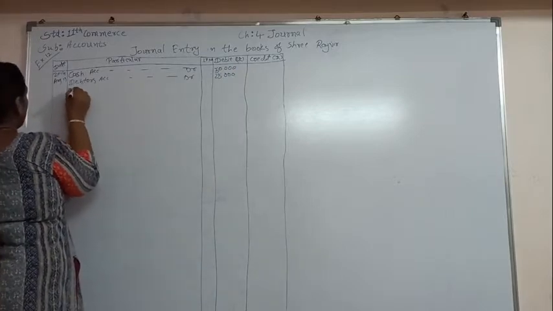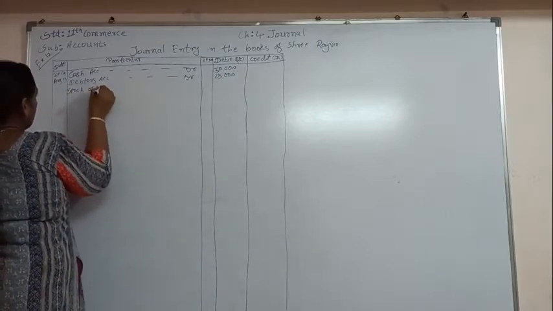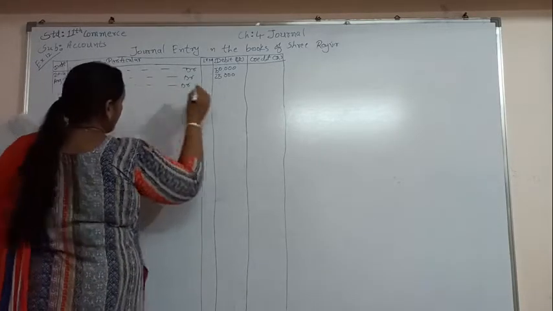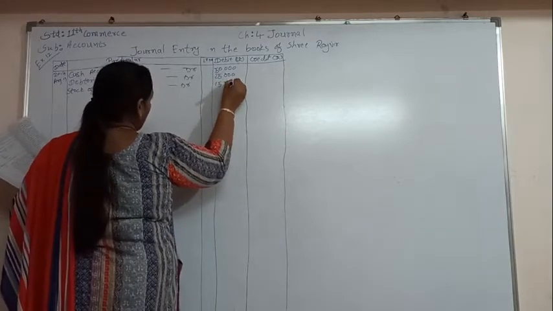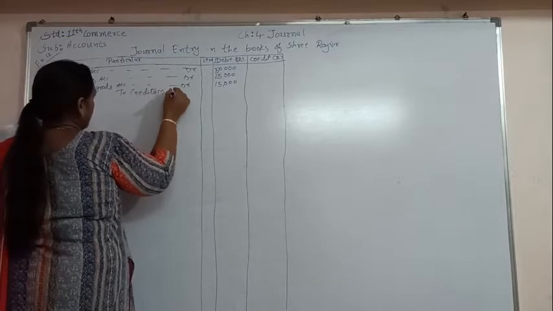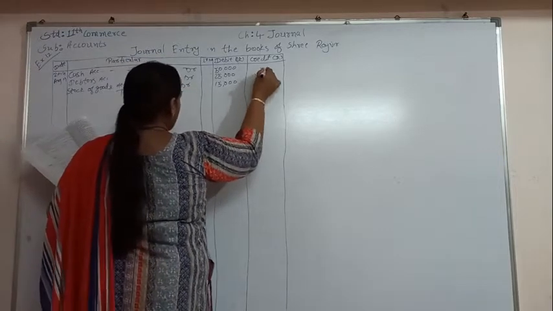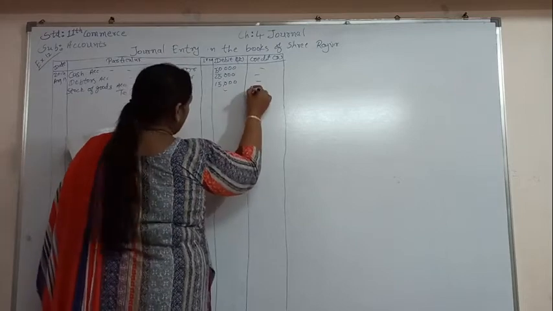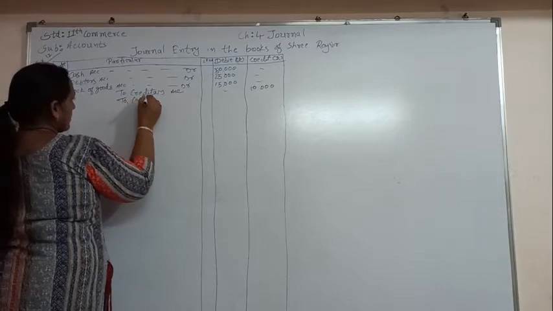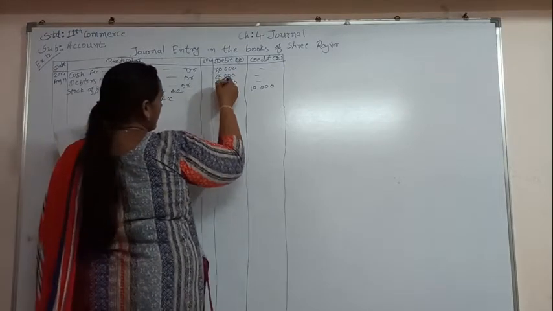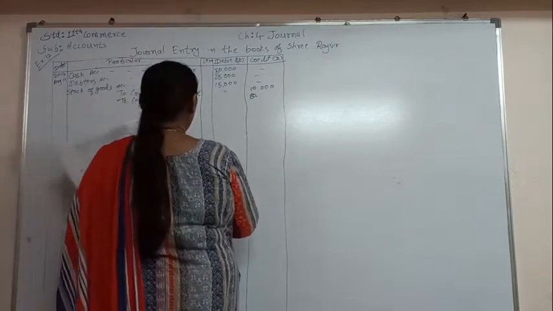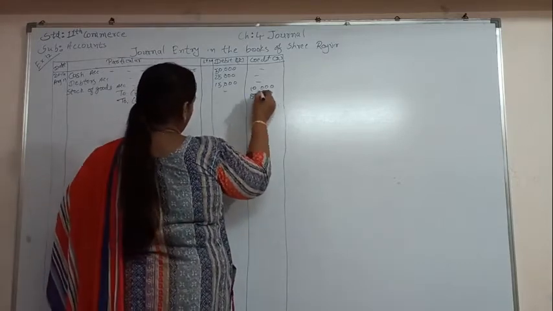Then stock of goods account debit of rupees 15,000 to creditors account, that is creditors of 10,000, and the balancing amount we are going to take to the capital account. So to capital account, 90 minus 10, it will be 80,000. So 80,000 we are going to take to the capital account.